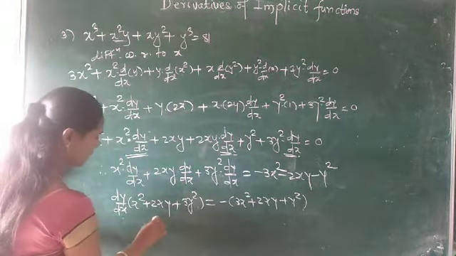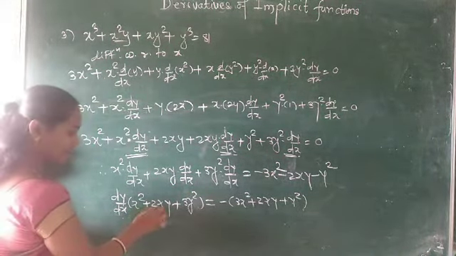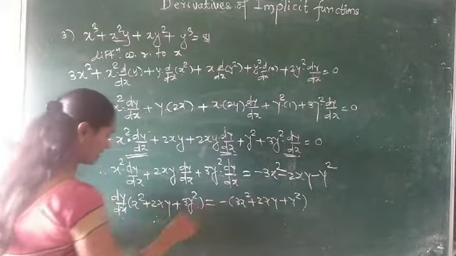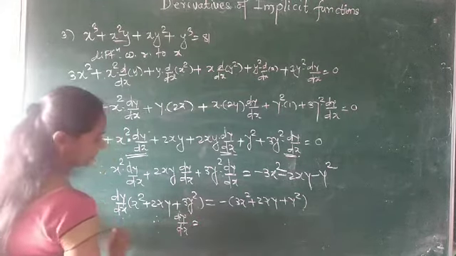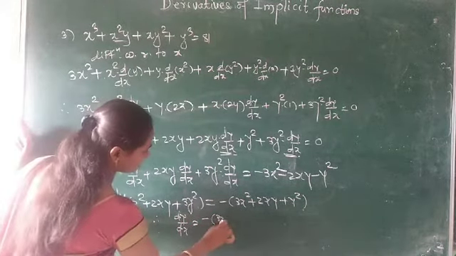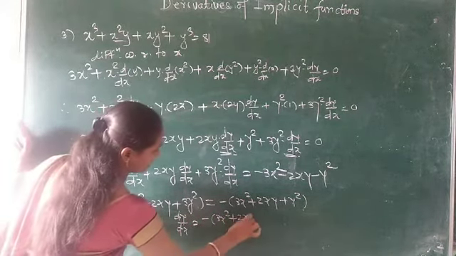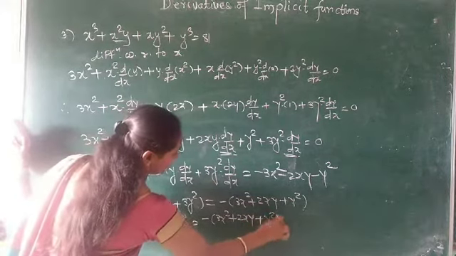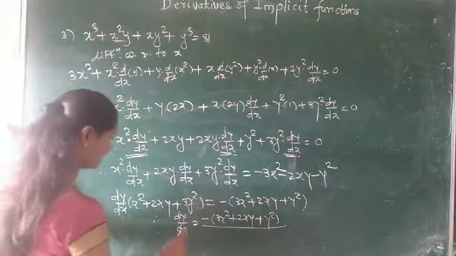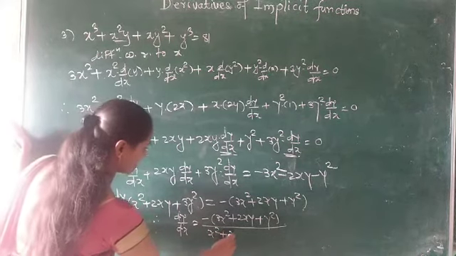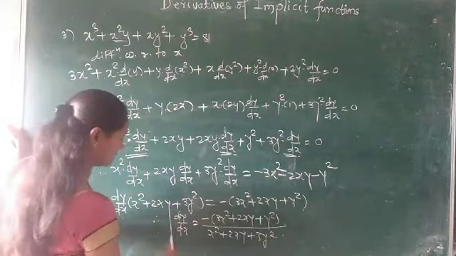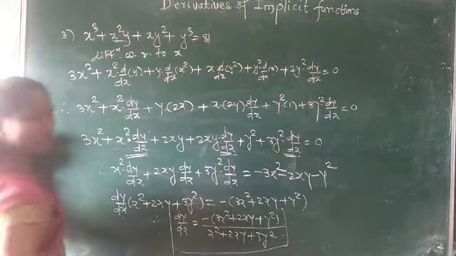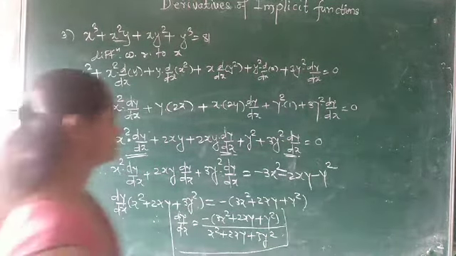Therefore dy upon dx is equal to minus 3x square plus 2xy plus y square divided by x square plus 2xy plus 3y square. That is the value of dy upon dx.